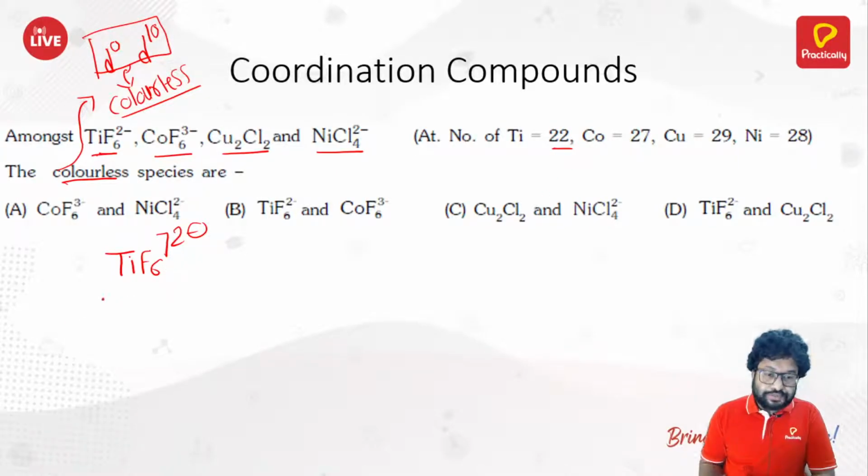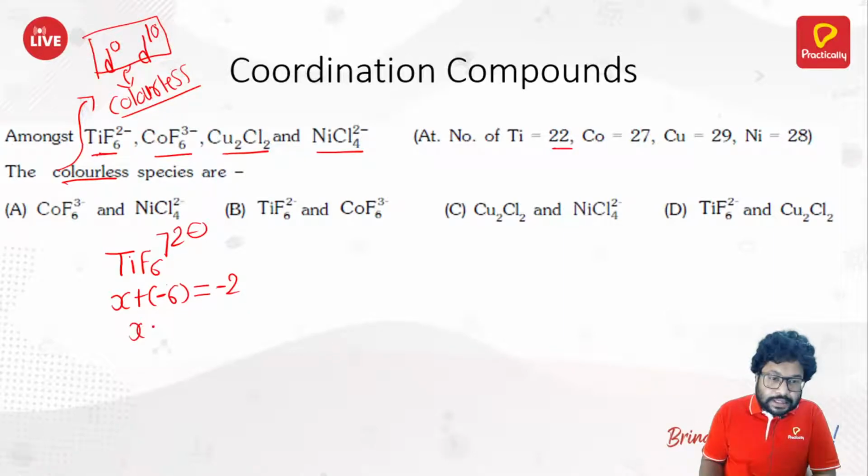So the oxidation state of titanium is X. Each fluorine will be in a -1 charge, so 6 fluorine would be -6, and X - 6 is equal to the overall charge, which is -2. So X is equal to -2 + 6, which is +4. Therefore, titanium is present in +4.